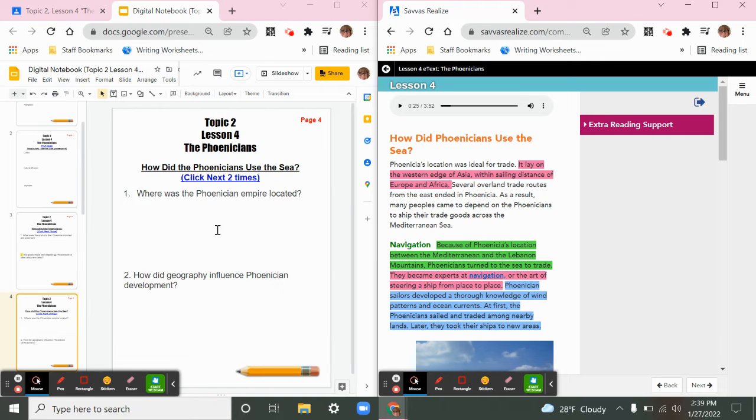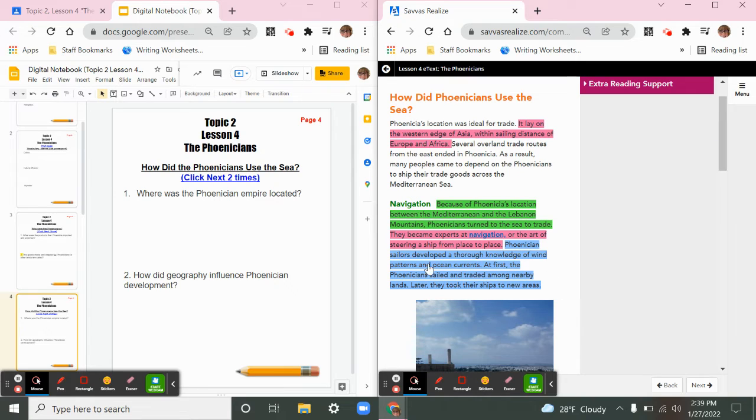So, question number 1. Where was the Phoenician Empire located? You'll be able to find the answer to this in this pink highlighted area. So pause the video and find that answer.